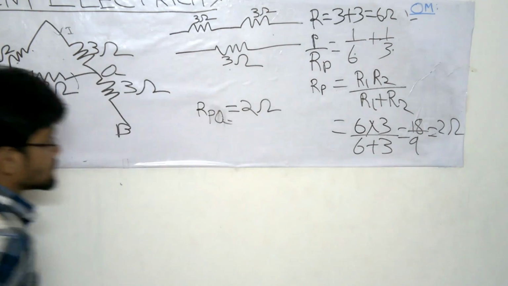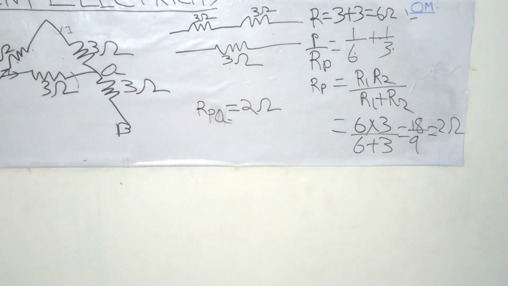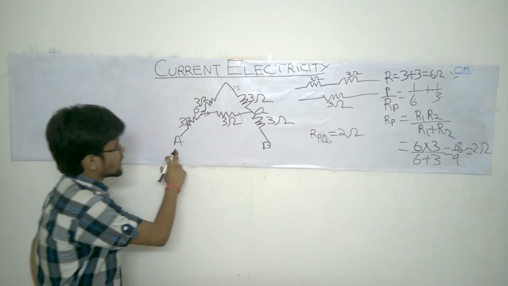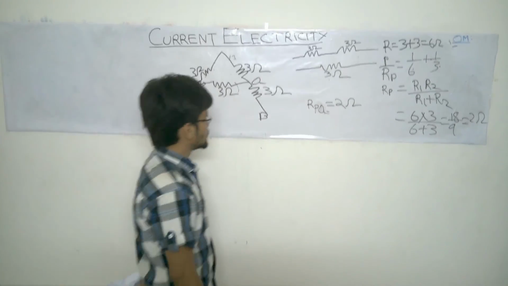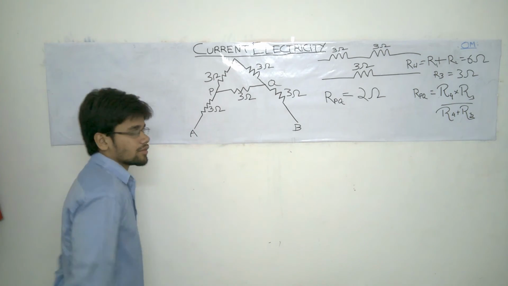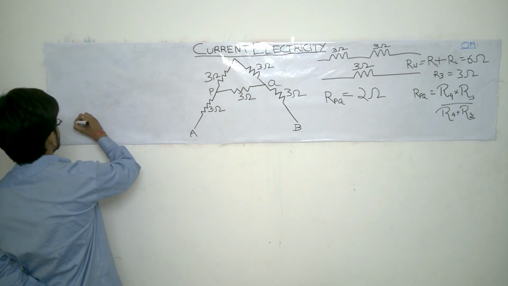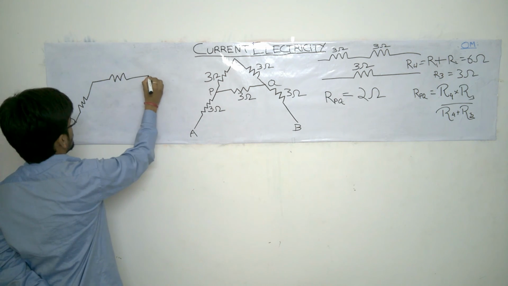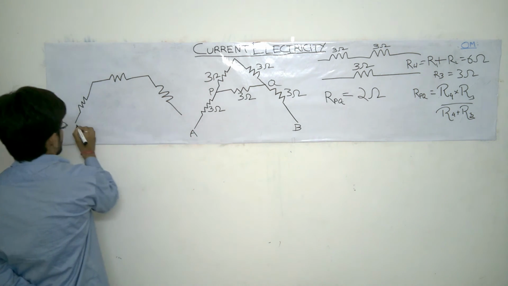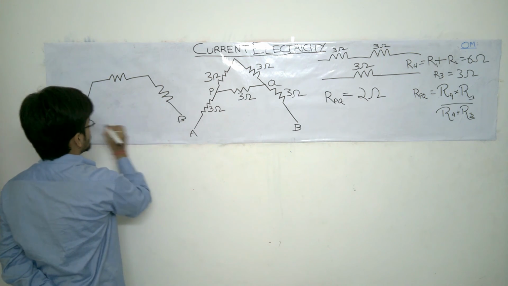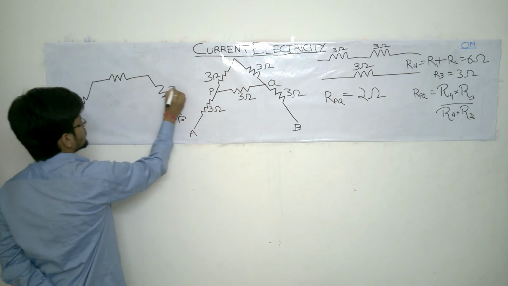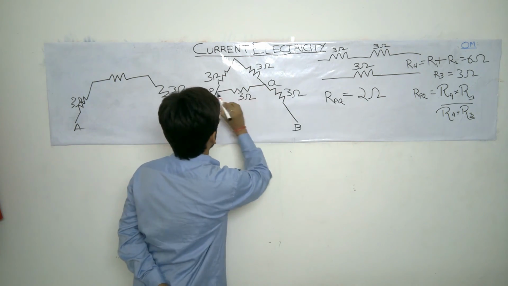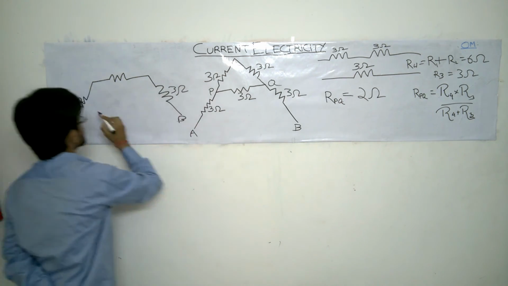Okay, now the second part of the question, that is to find the resistance between A and B. So we'll redraw the circuit, that is A, B, this is 3 ohm, this is 3 ohm, and the total combination of this resistance we are getting, RPQ, as 2 ohms.